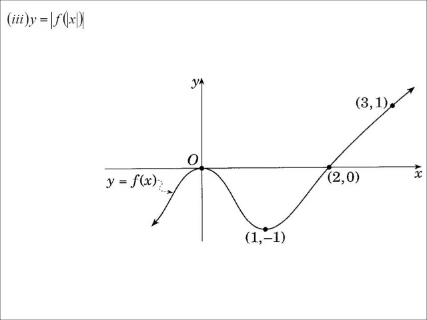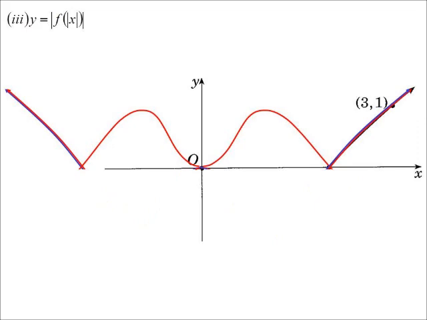So the left-hand side, see you later. Right-hand side reflects over. So there's function absolute value x. But we want the absolute value of that. So now anything that's below is reflected above.